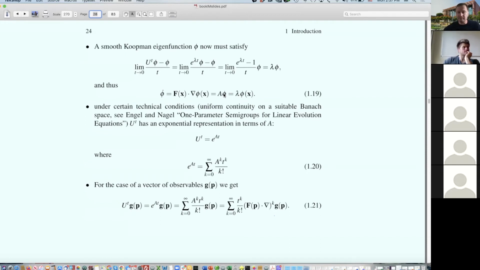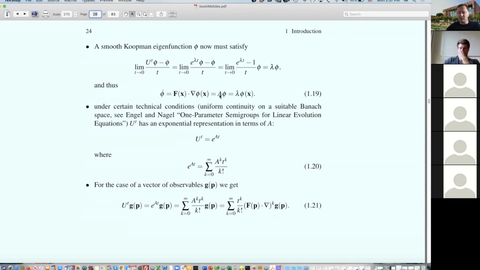Now we have to mention some properties of A that we're not going to prove because it's a little bit early for some of the technical aspects of this in the class.